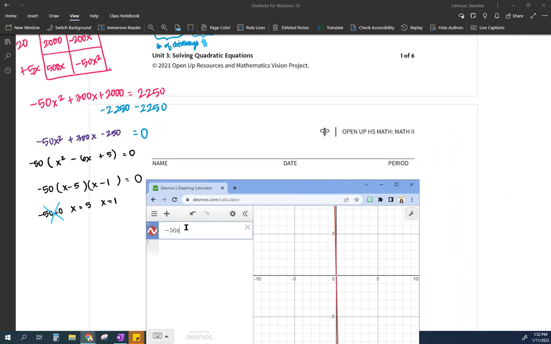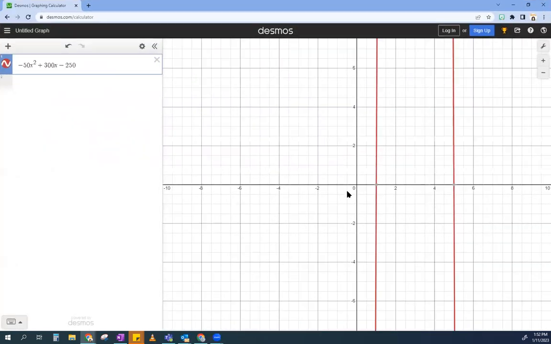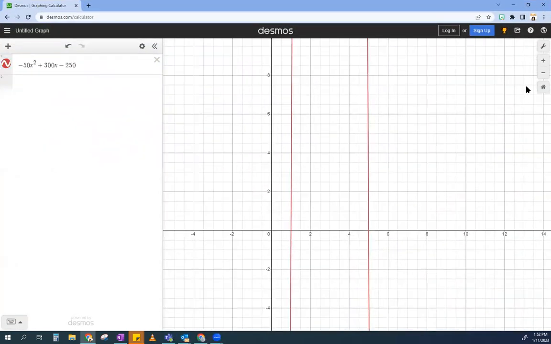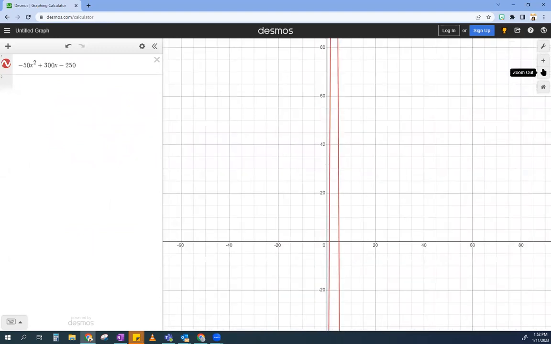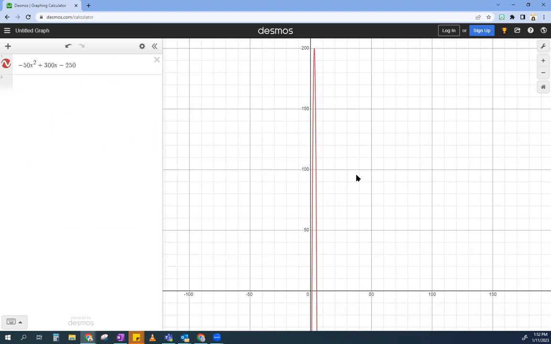Negative 50x squared plus 300x minus 250. Okay, so I'm going to look at this picture. And then it looks like 2 straight lines. So I'm going to zoom out just a little bit. Oh, it is a parabola. It's a very skinny parabola.